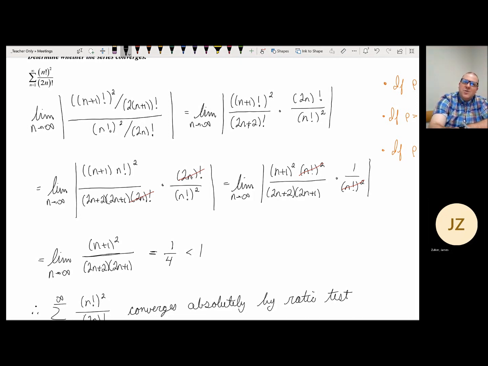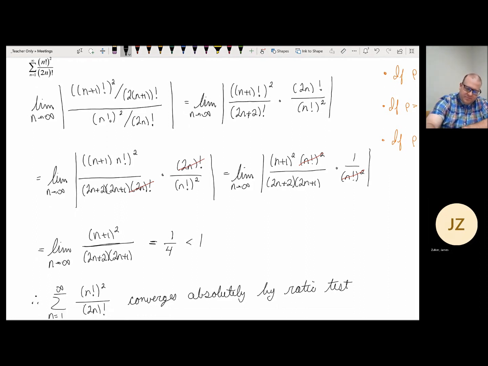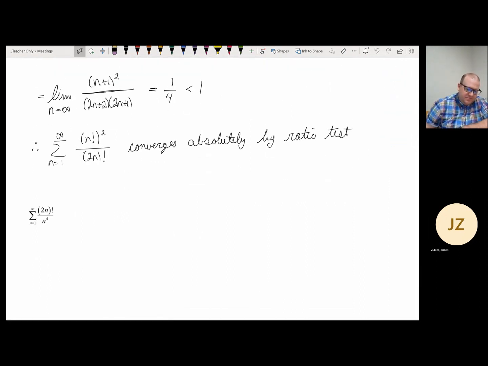And that was just to cancel out the 2n factorial in the numerator. Then n factorial over n to the 4th.